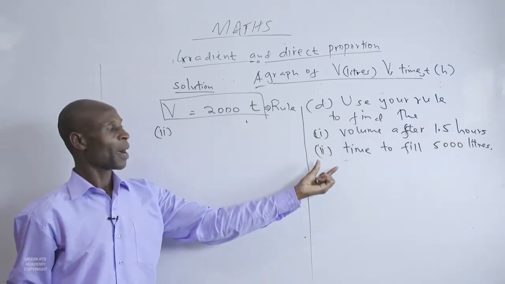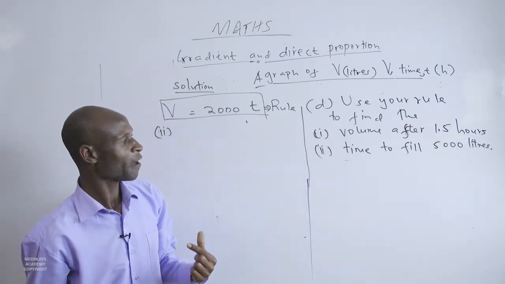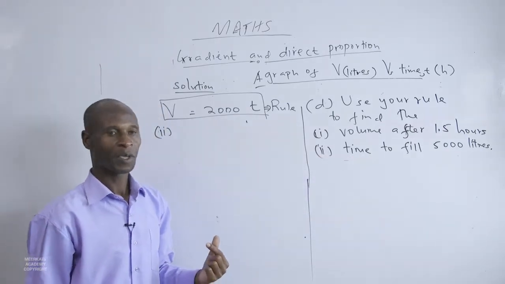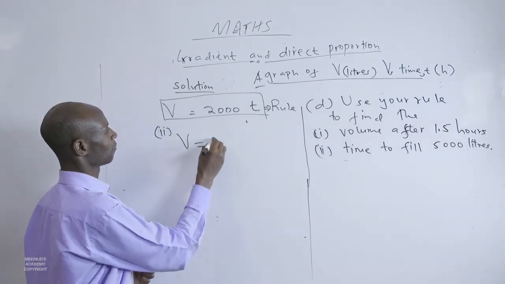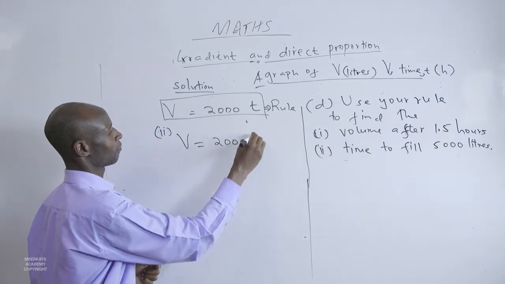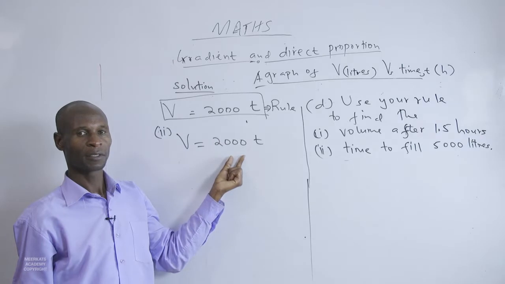To solve part 2, that is the time to fill 5,000 liters, we again write down our rule. V = 2000t.